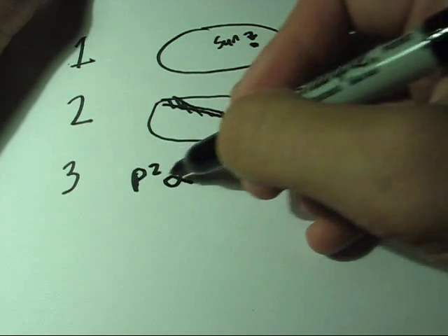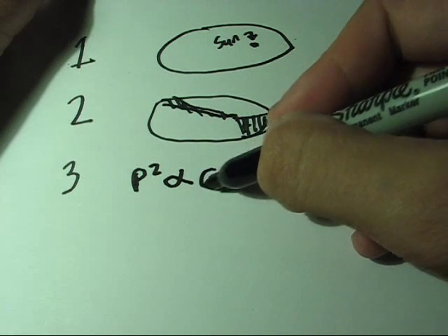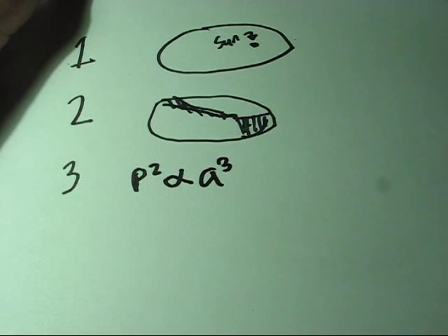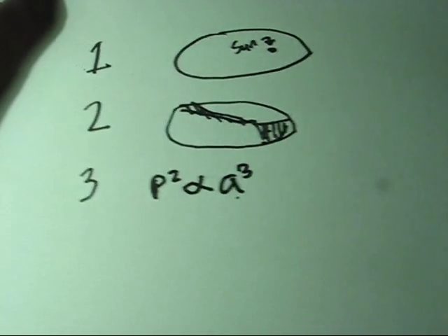The square of the period is proportional to the cube of, this is the semi-major axis of the ellipse. So, those are his 3 laws, and his laws didn't address the why of the problem, it only addressed the what.